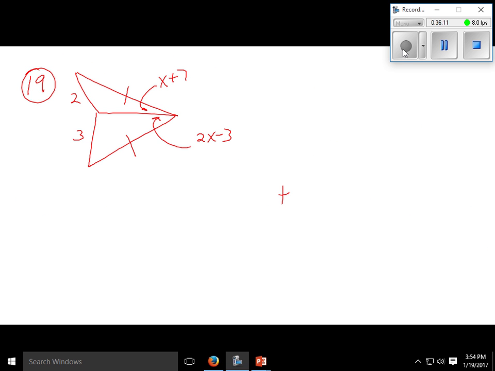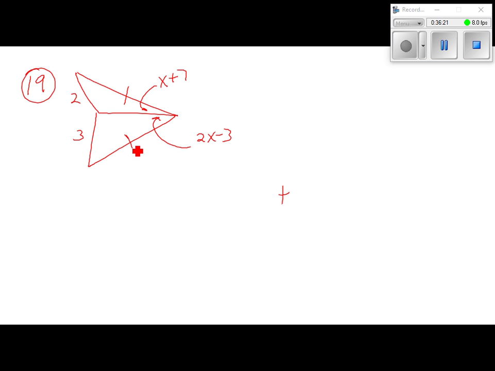Number 19, they want us to write and solve an inequality for the possible values of x. So we're looking at this, and we notice that this side's congruent to that side, and we also notice that these two triangles share that side, so it's congruent to itself by the reflexive property.